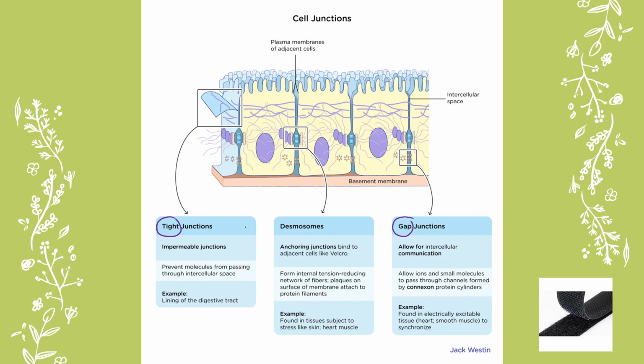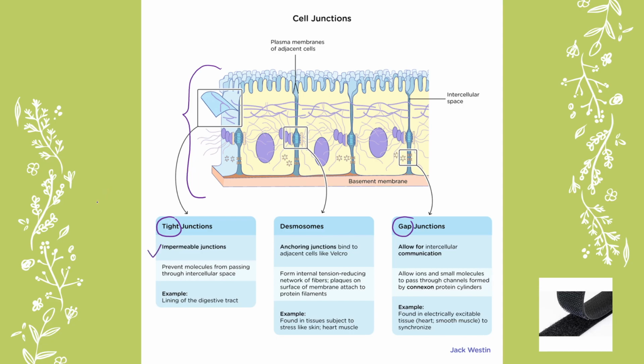When we say tight junction, it is tight because they form a solid wall. Look at this portion. It is a solid wall, and being a solid wall, it is impermeable to any substances.